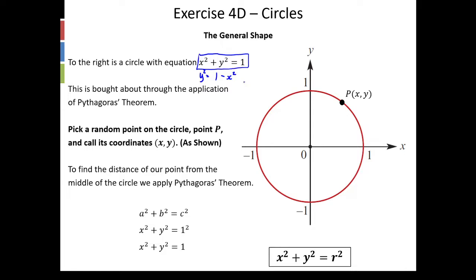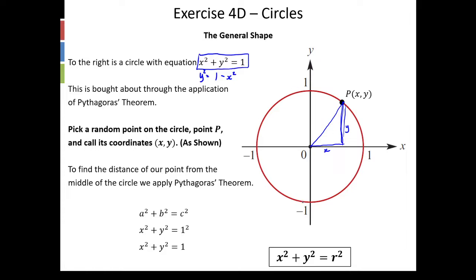Now, where does this come from? Well, this can come from using Pythagoras' theorem. So if we pick a random point on this circle anywhere, let's say we pick point P at coordinate x, y, we end up with something like this to get to that point there, where we have an x coordinate and a y coordinate.